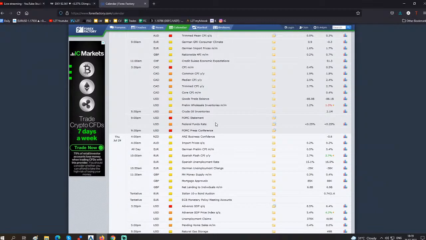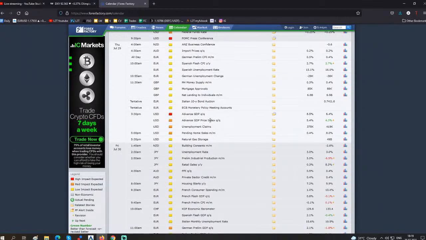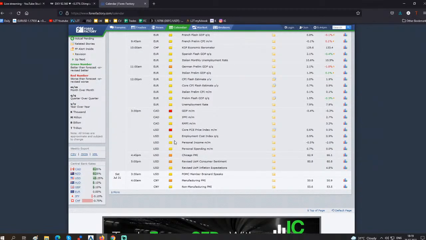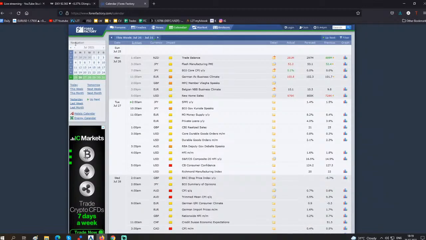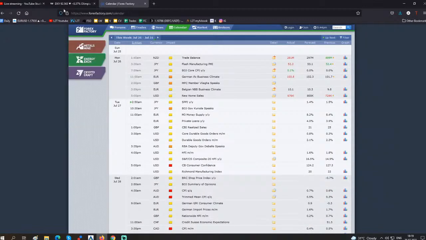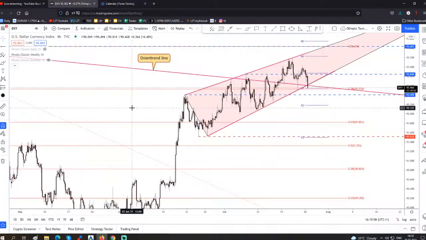Also on Thursday, the advanced GDP, unemployment claims, pending home sales, and on Friday, Canadian GDP and also important US data. So I believe that the fundamentals could move the markets during this week. We'll have to be careful here.